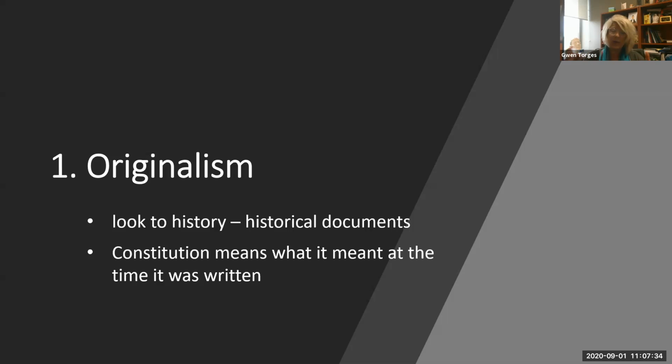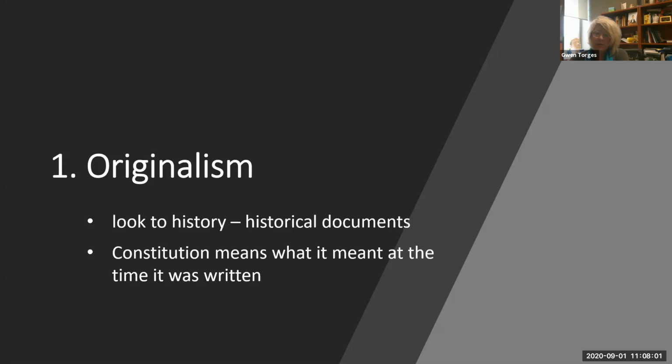In both cases, originalism means you're looking to history for your answer. And in both flavors of originalism, the Constitution means now what it meant at the time it was written, whether that be the original Constitution, written in 1787, the Bill of Rights, written in 1789, or an amendment.